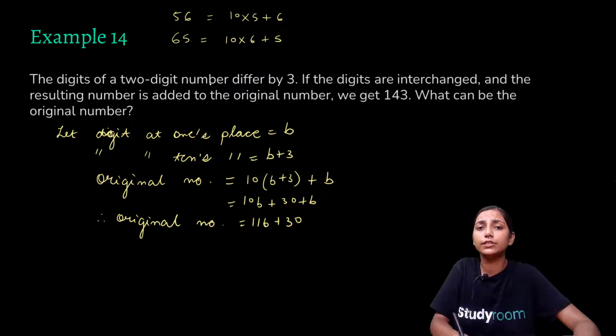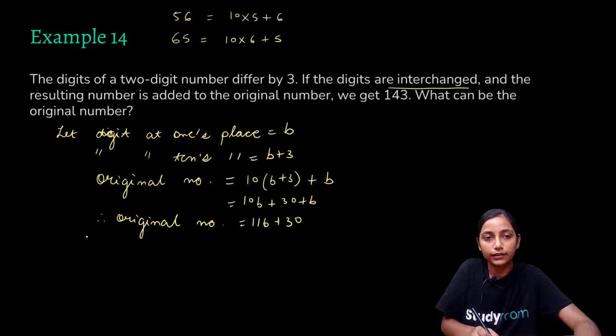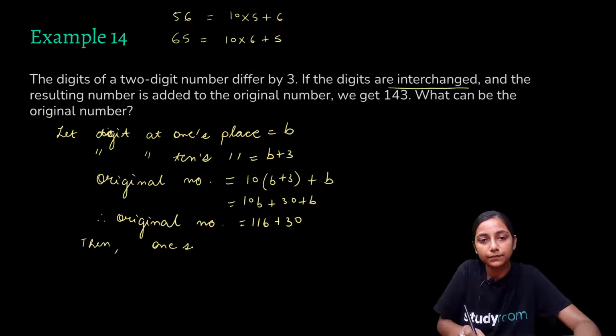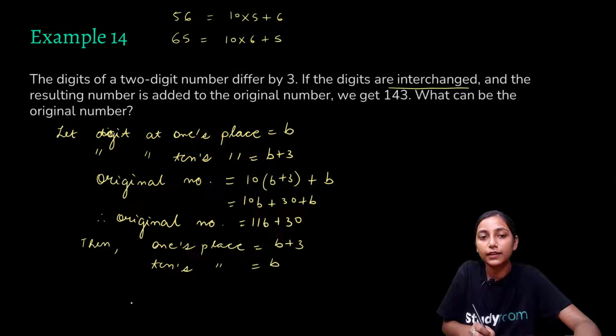Now, what if the digits are interchanged? When digits get interchanged, then the digit at ones place will be b plus 3, while the digit at tens place is going to be b.